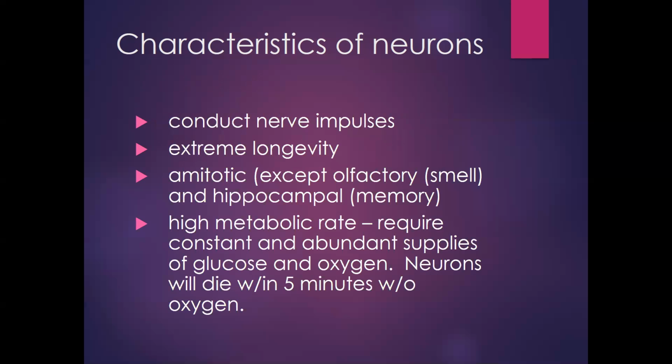So remember that neurons, just like muscle fibers, never replicate once you're born. Now there are always some exceptions, but the ones that are primarily in your brain and spinal cord, whose axons pass through the cranial nerves and the spinal nerves, are never going to replicate during your lifetime.